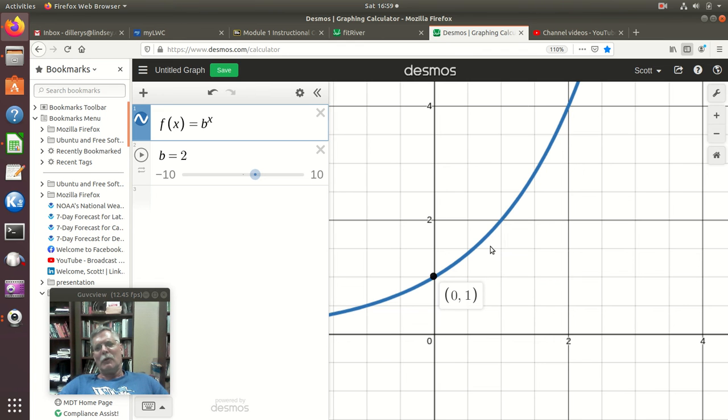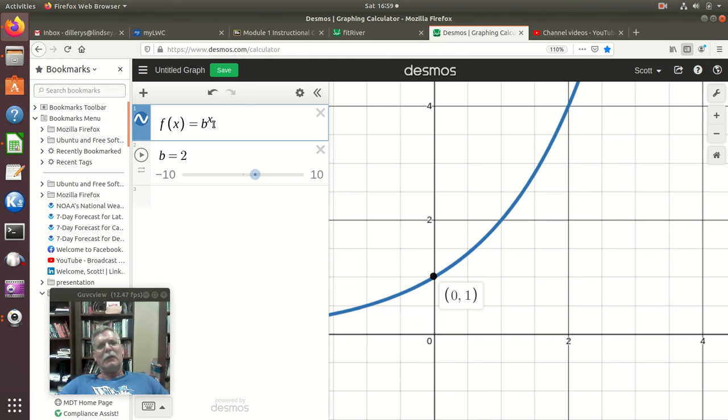So to double, I traveled 1 unit this way, okay, and I was at 2. Now travel 1 unit again, and, well, if I can get it in the right place, I doubled again.